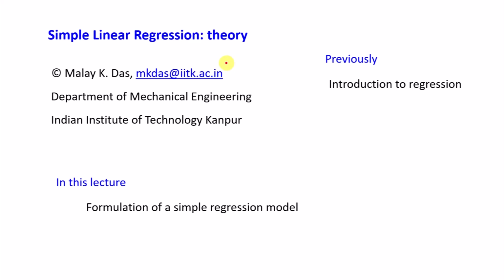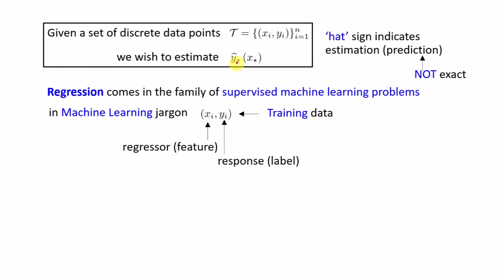Let us take a data set that contains discrete data points xi, yi, where i goes from 1 to n. What we want to do is, given certain input x star, our goal is to find y star, in fact y star hat, which says that this is an estimation or prediction of y star.